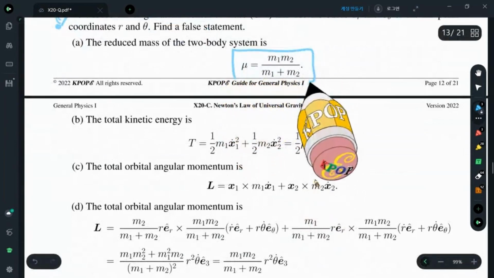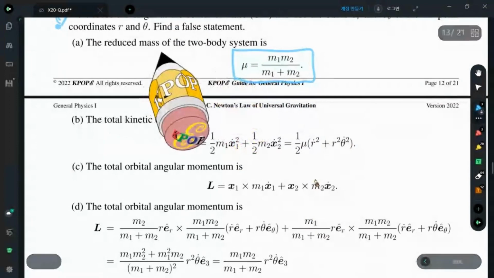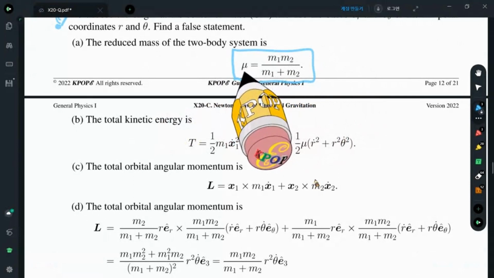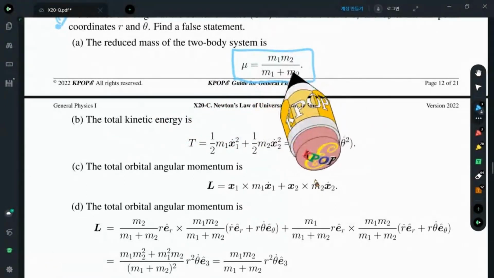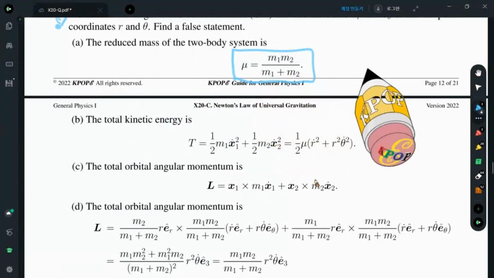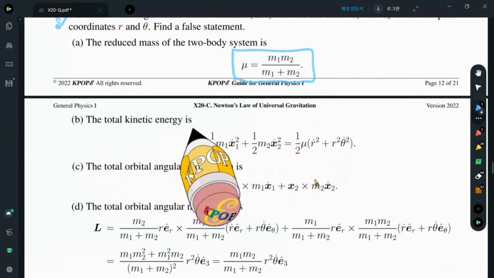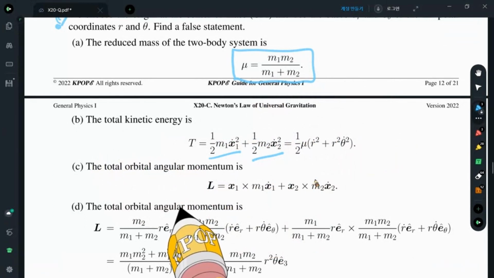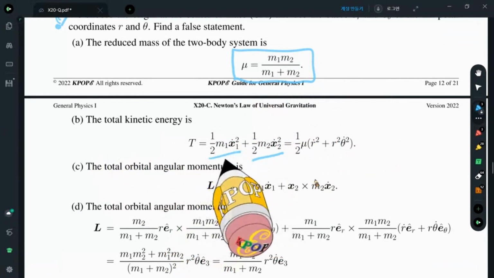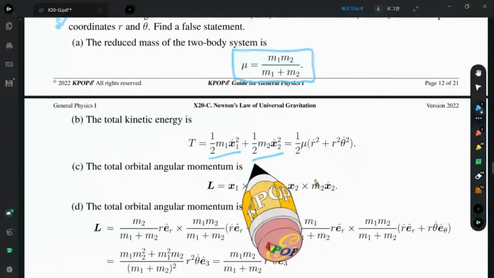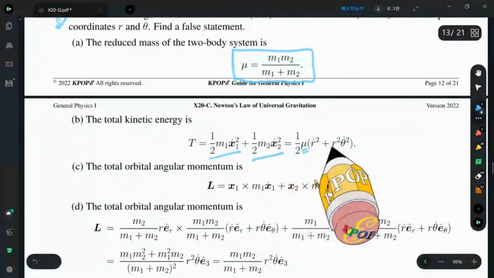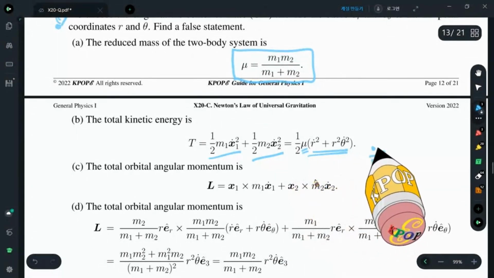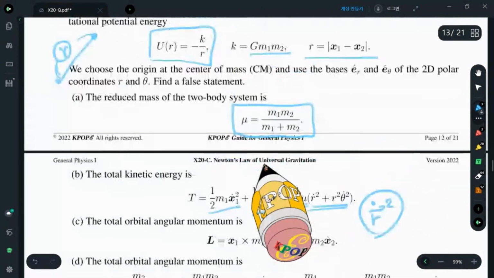We remember that in a two-body system, we have frequently seen the reduced mass, that is the product divided by the sum of the two masses. The total kinetic energy of the system is the sum of the kinetic energies, and we have derived that this is identical to one half the reduced mass times the r vector dot squared. We just have derived that.